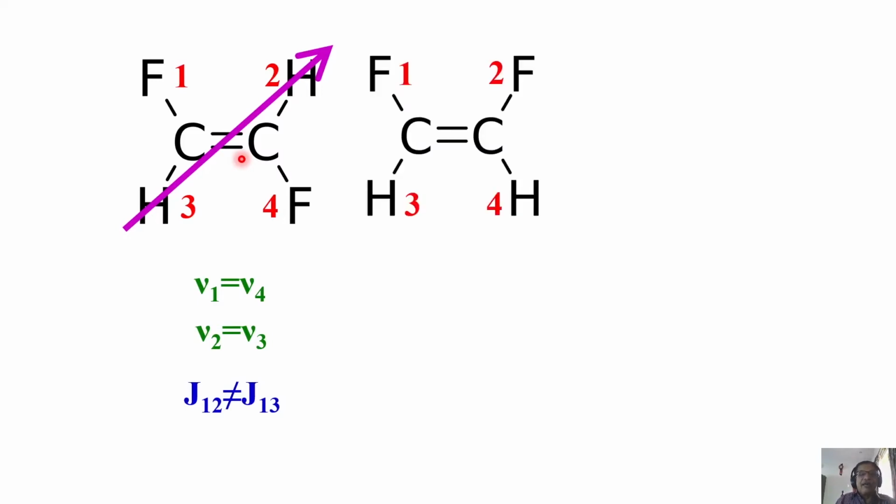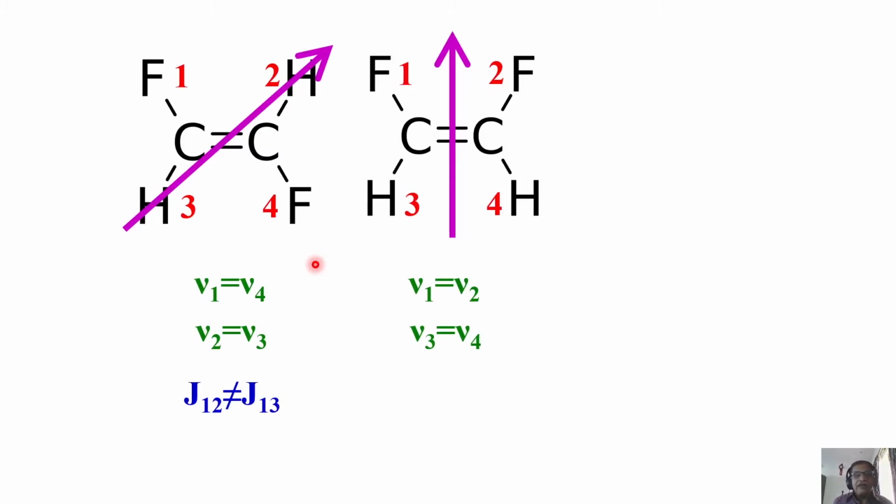Now look at this molecule. The same difluoroethylene, but now the position of the fluorine is shifted. Here it was trans, but now it is cis. These two fluorines are in cis configuration. These two were in trans configuration. Now where is the symmetry axis here? This is the symmetry axis. What does it mean? In this molecule also, fluorine 1 and fluorine 2 are now equivalent.